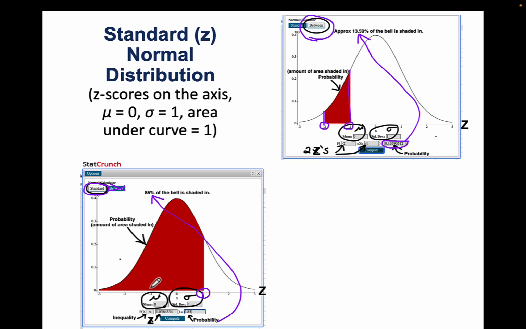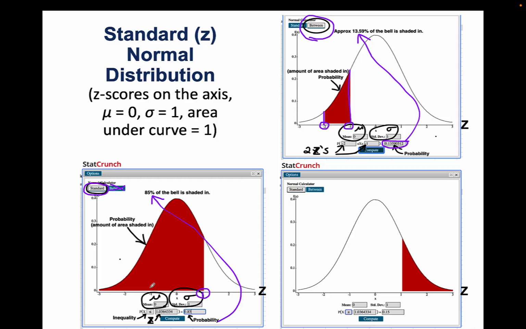Let's compare that to this one. It looks quite different, but if you look closely, it's still in standard because we're not going between two z-scores. We're starting at that same point. We've just shaded the opposite side. See here? Cutting it right here at 1.03643334. Here in this picture, we've shaded this direction, but over here, same cut, we just shaded the other direction.